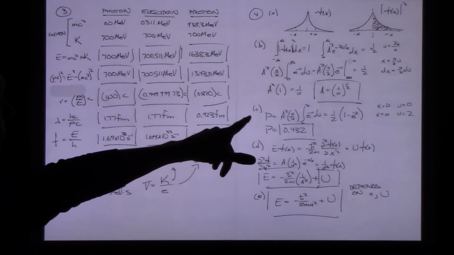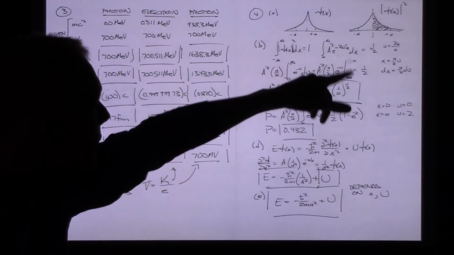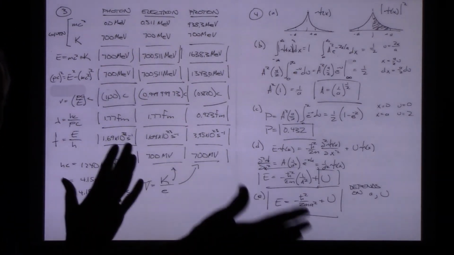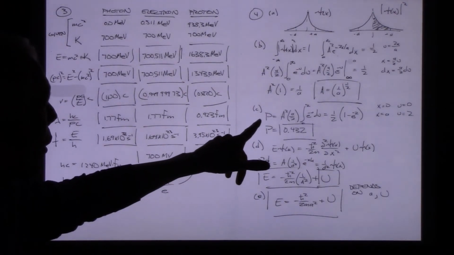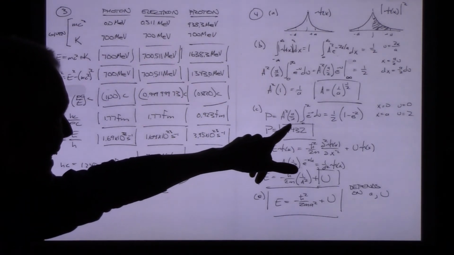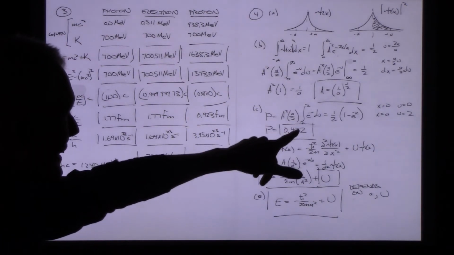Now, in part C, they say, okay, fine, take the probability distribution, integrate from 0 out to a, and find out what portion of the total probability shows up within that region. So it's going to be the very same integration that we did before with different limits.